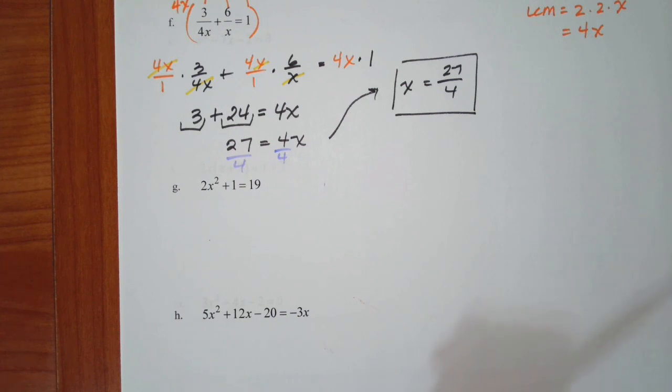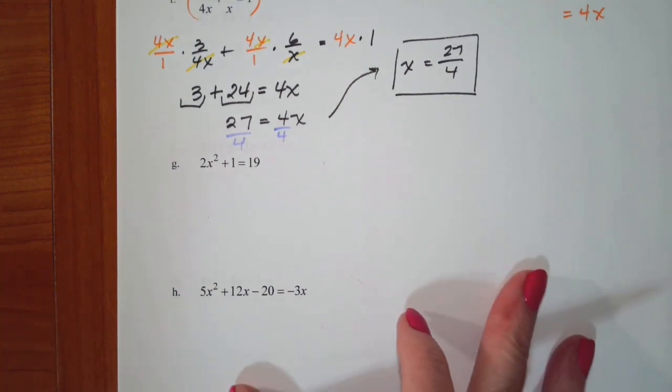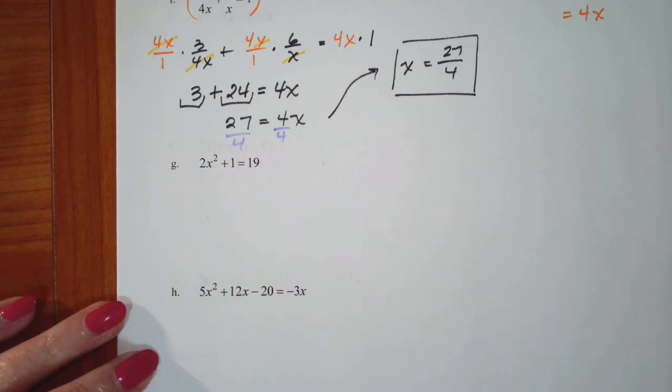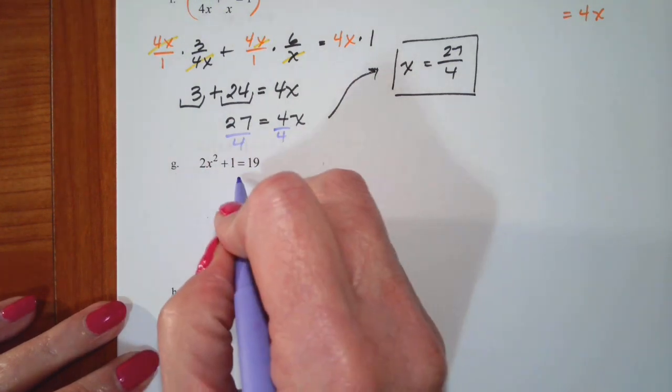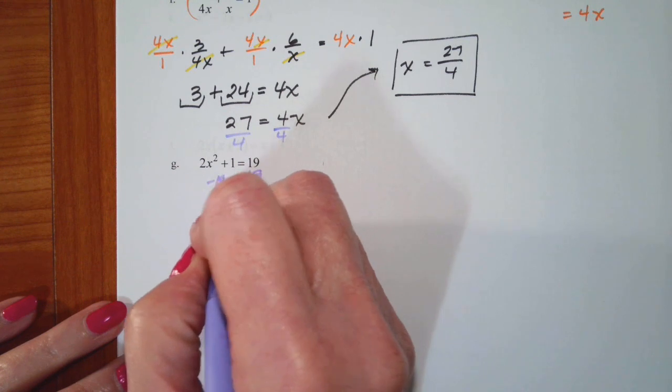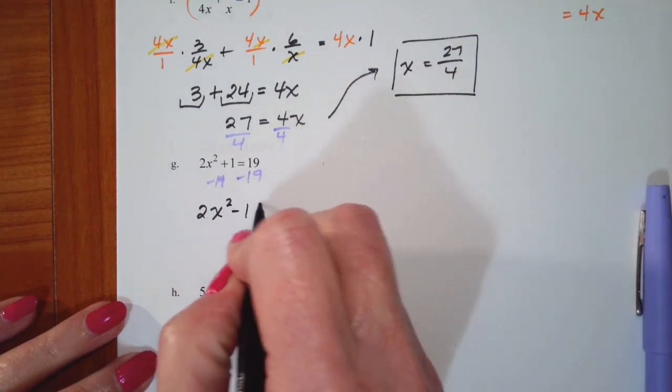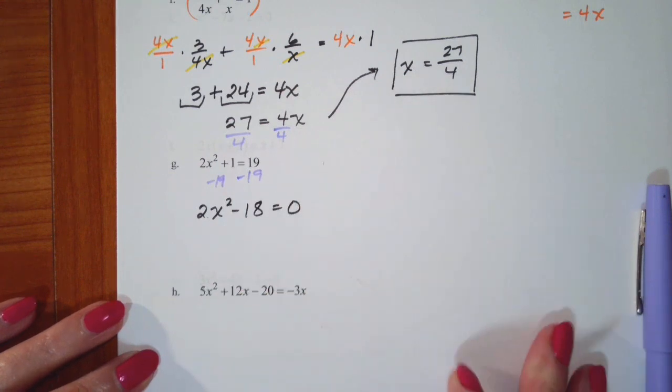Okay, gee, 2x squared plus 1 is equal to 19. I don't see perfect squares anywhere in here, but that doesn't mean there aren't any. But I think what I'll do is, since it's quadratic, I will start by subtracting 19 from both sides. So that gives me 2x squared minus 18 is equal to 0.